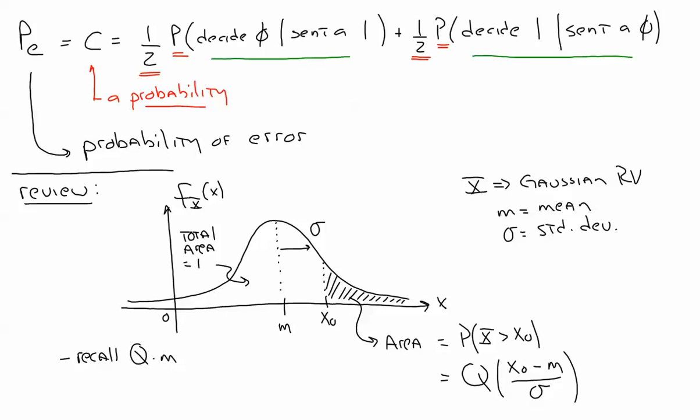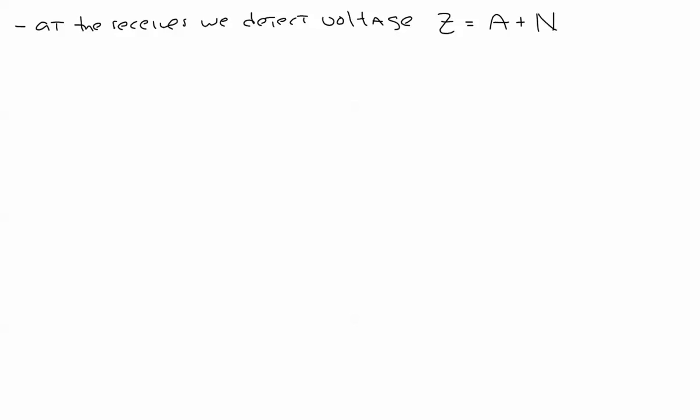All right. Back to our story. For our digital data stream, let's assume that at the receiver, each clock cycle, we detect a voltage Z, which equals A plus N. N is my noise, and A equals 10 if a 1 is sent, and equals 0 if zeros are sent.